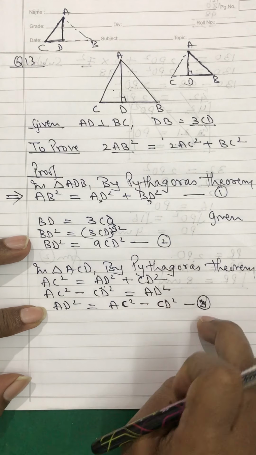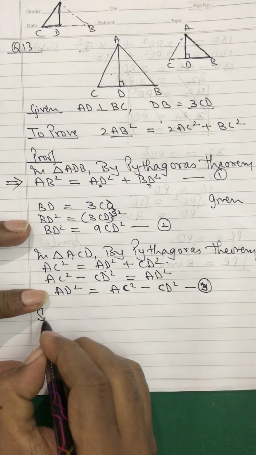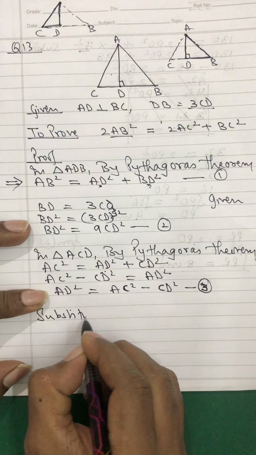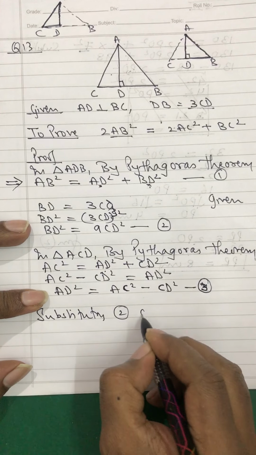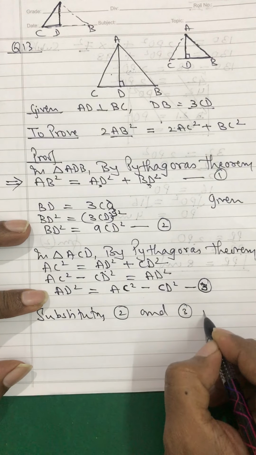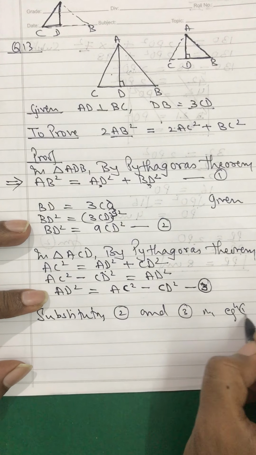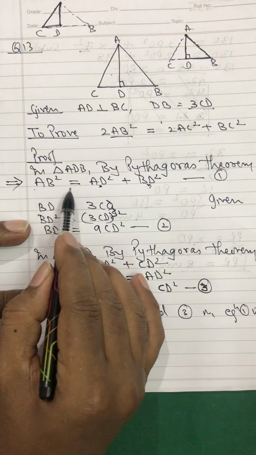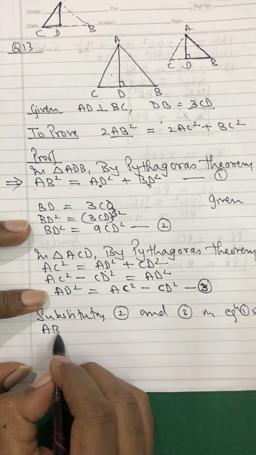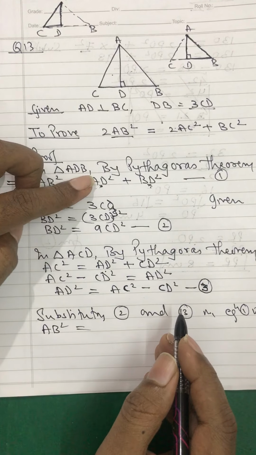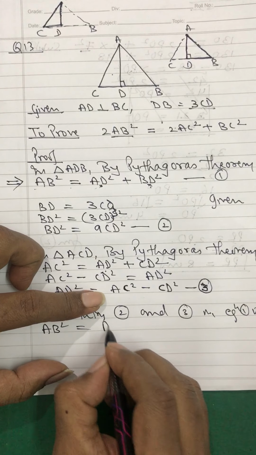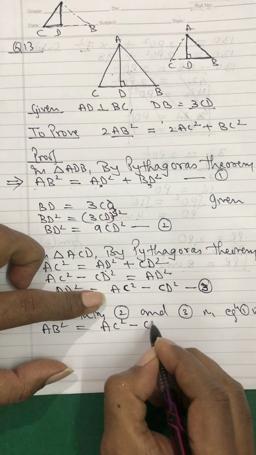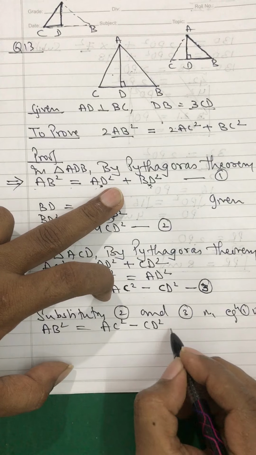Now substituting 2 and 3 in equation 1. So AB square is equal to, I will write as it is. In place of AD square I will write AC square minus CD square plus BD square.